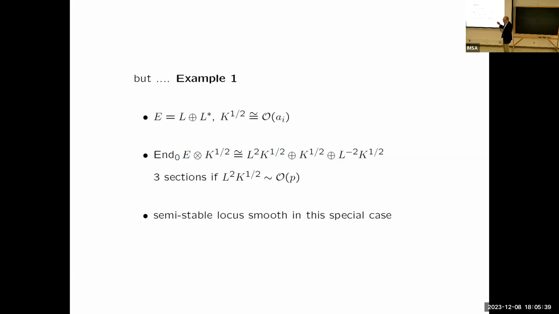That has this singularity. So we're always going to have these singularities.